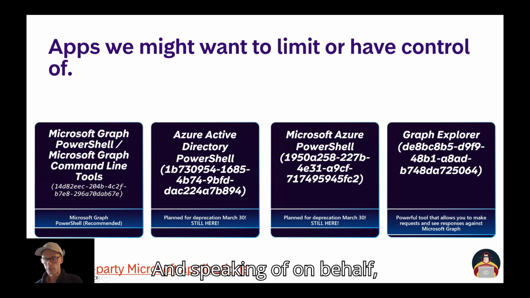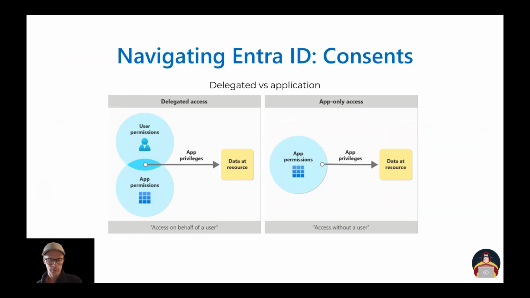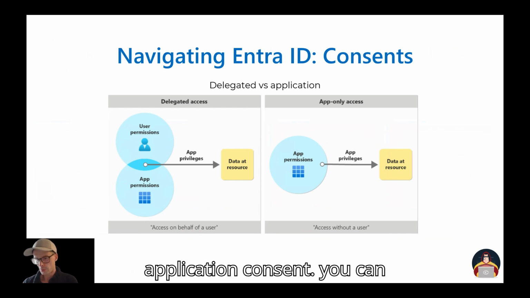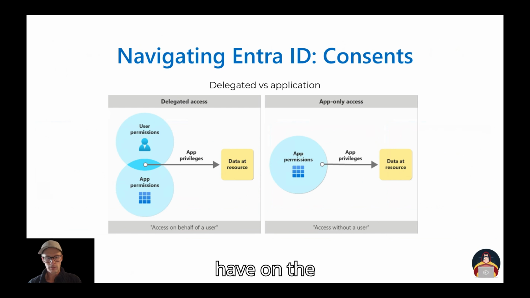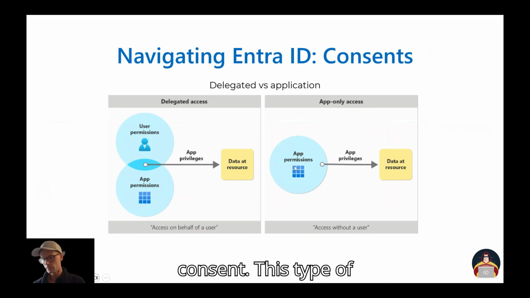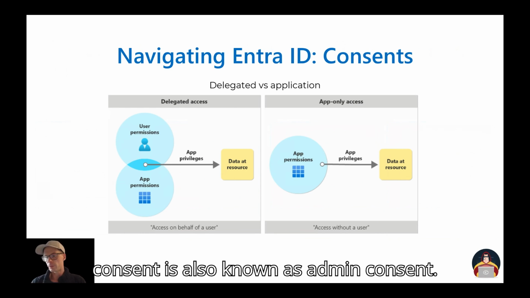And speaking of on behalf, there are two types of application consent you can have. On the right side here, application consent. This type of consent is also known as admin consent.